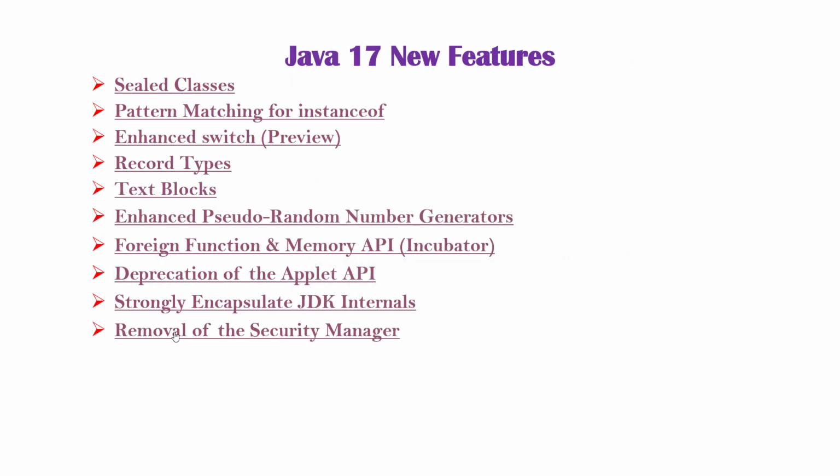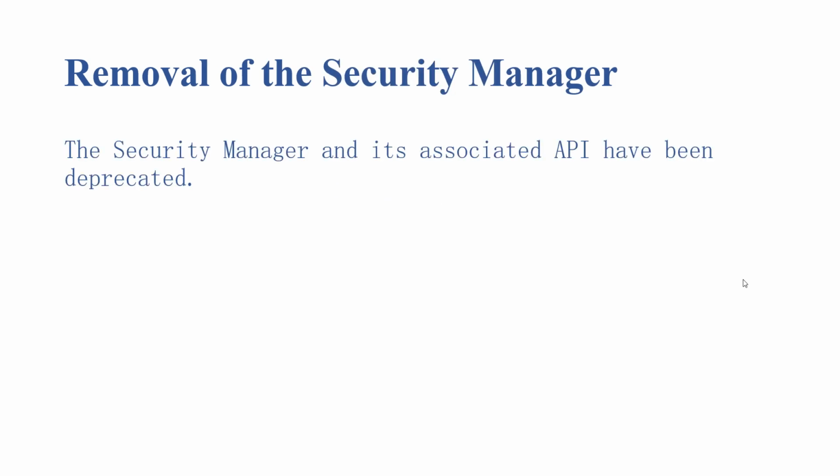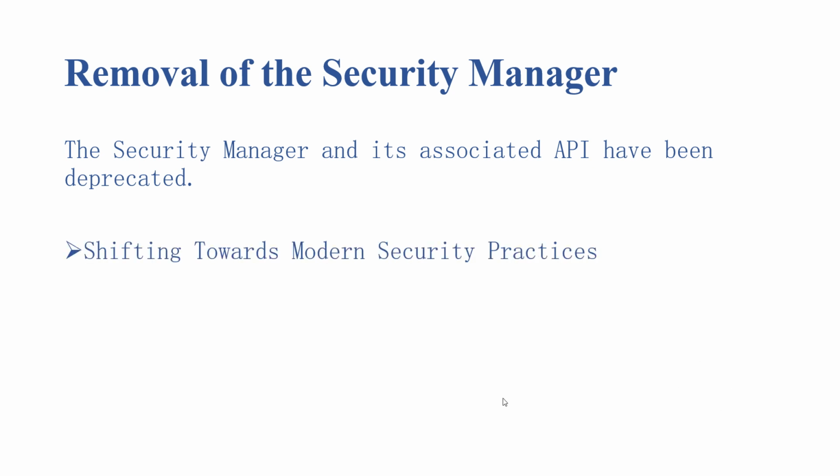What next is there? Removal of the security manager. Now, there is a security manager, which has been there since Java version 1. It's a shift towards modern security practices, because this security manager comes with the overhead of security policies and evaluations. That is a kind of overhead, and it also comes with increased complexity.